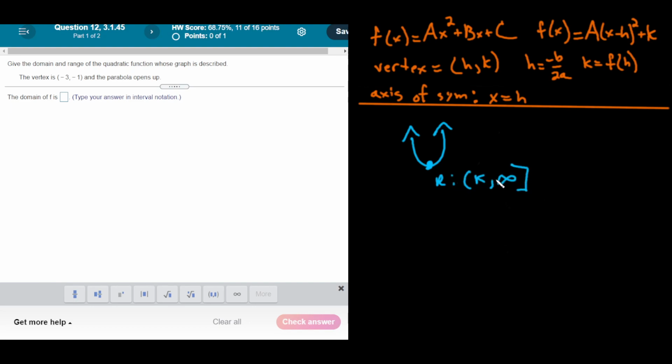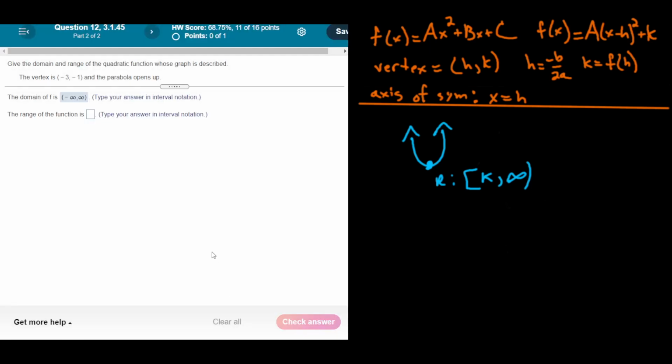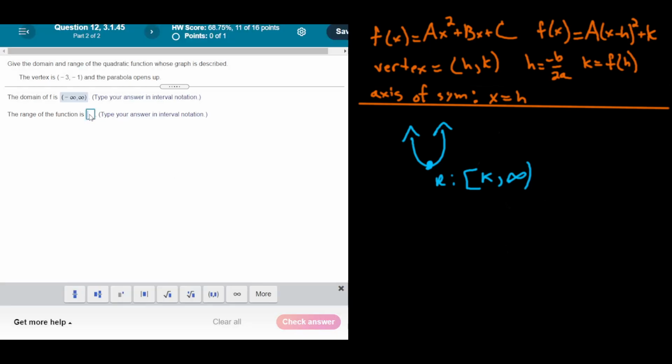Sorry, we never put a bracket there. Put a bracket here to infinity. So they gave us the k. The k is negative 1. We know the domain is this over here. Your range is your k to infinity because it opens up. So bracket, your k is negative 1 all the way to infinity.